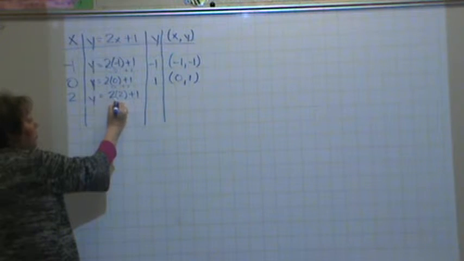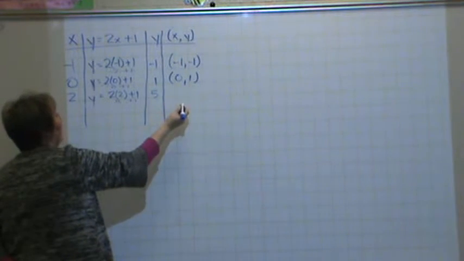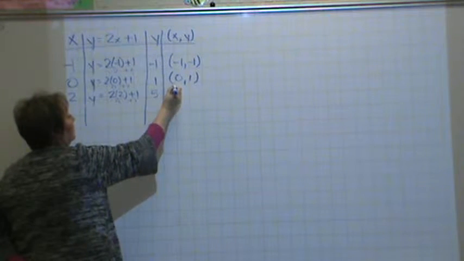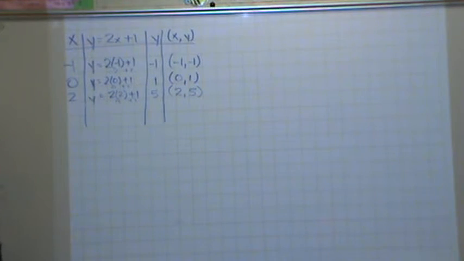What do you get when you multiply 2 times 2? 4, 4 plus 1 is 5. Good. My ordered pair would be 2 and 5. And we need one more number.